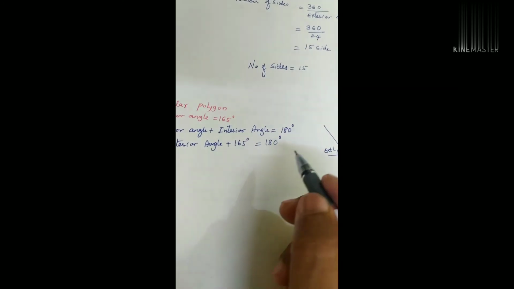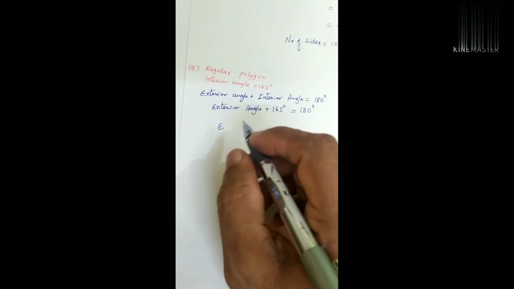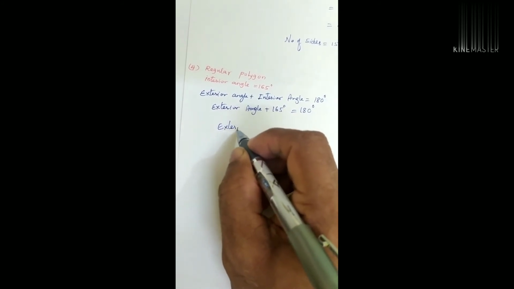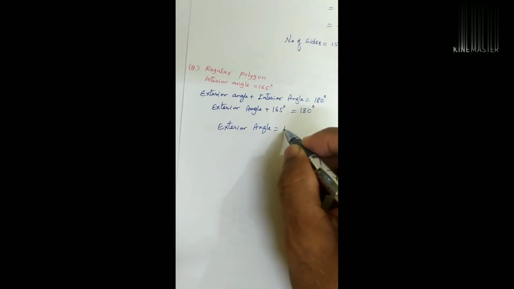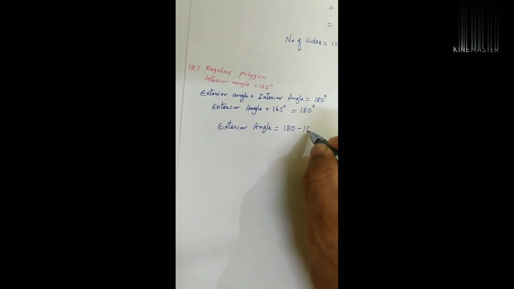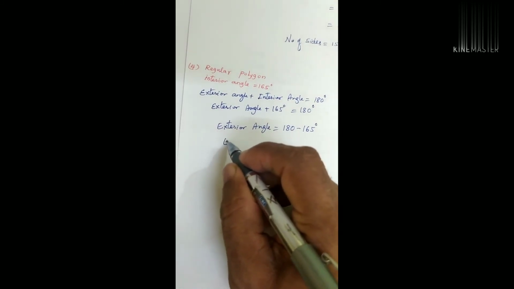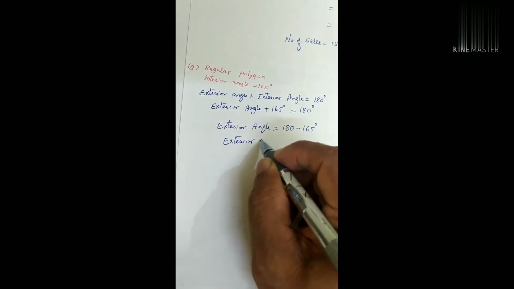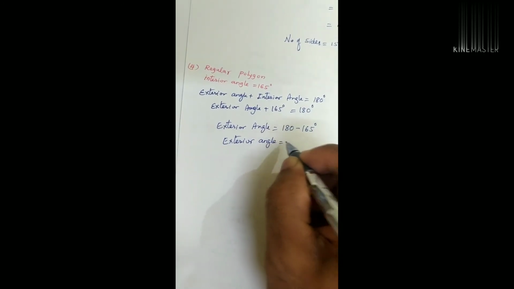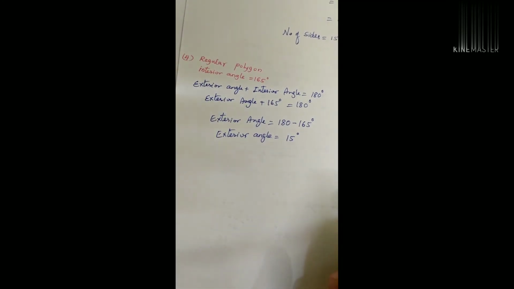So we will take it on the other side. So exterior angle is 180 minus 165 degrees. So exterior angle is 15 degrees.